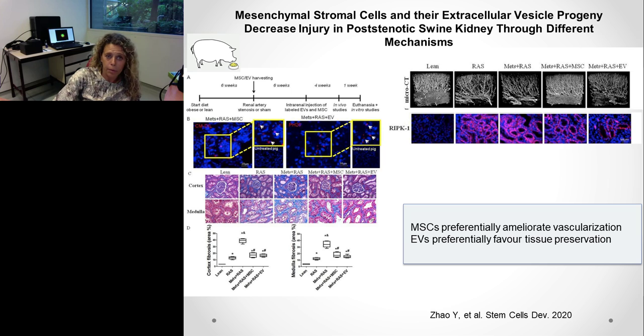Another example of a long-term administration of extracellular vesicles comes from this paper, in which a diabetic mouse was treated in a curative model after the diabetic onset.